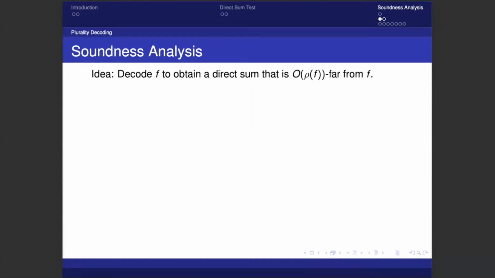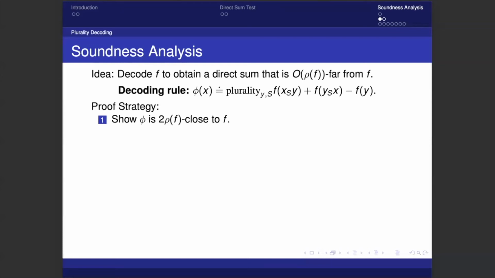Okay, so in order to do so, we're going to use a decoding rule that hopefully decodes f and then argue about the number of changes that were made to f. And the decoding rule that we use is the following. We define this new function phi of x as the plurality, that is the most common value over all choices of y and s, of f of xsy plus f of ysx minus f of y.